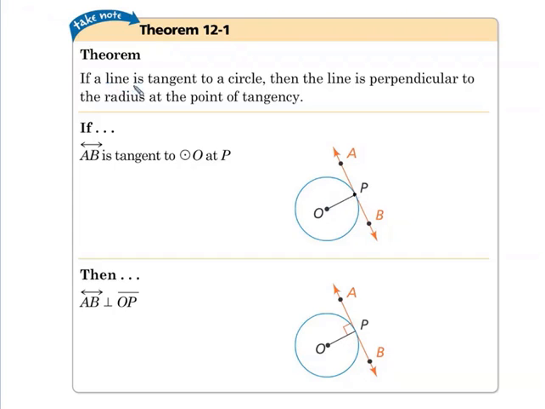It says if a line, like line AB, is tangent to a circle and it's touching at point P here, the line is perpendicular to the radius. I want you to think about that. Remember what that word perpendicular means, and notice that what that means is we can take this diagram right here and add in the right angle symbol right there at point P. So line AB and then the radius O to P, they're making a right angle.